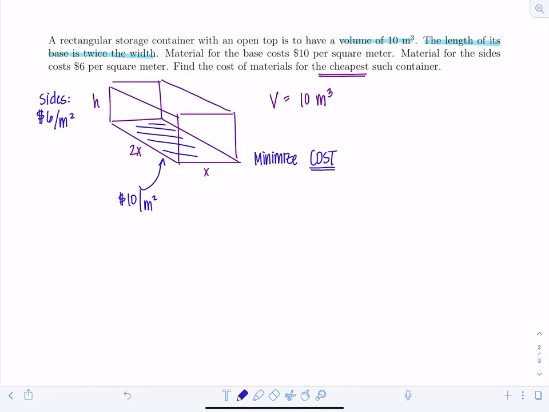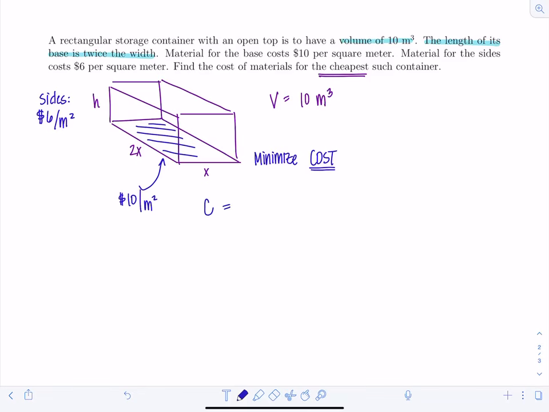Okay, so I'm going to build a cost function. Let's call it C. And I'm going to have to take the cost of the making material for each of the sides. Now, how many sides are there going to be? Since it has an open top, I just have one base, and then I have 4 sides. Okay, so let's build this cost function. First of all, the cost of the base is going to be the area of the base.